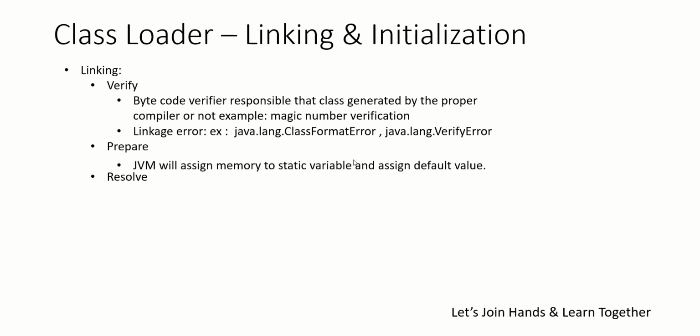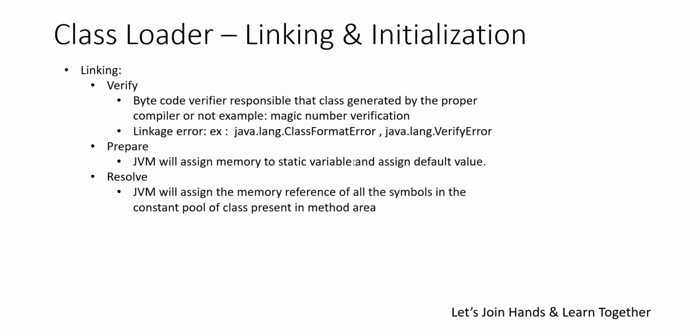Original value means, in a Student class, for example, what I have written: static student, the school name is "Let's join hands, learn together". What it will do is give the student name a memory allocation, and in that memory it will give null. It won't actually assign the value, it will just give null. That is what is done in the prepare phase.